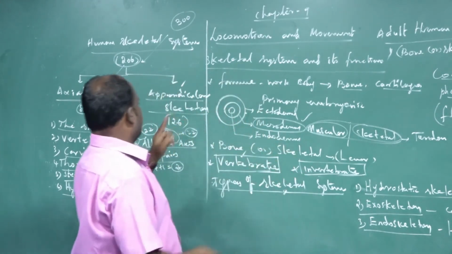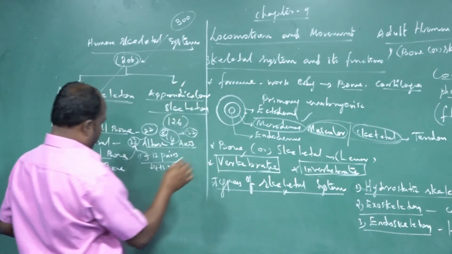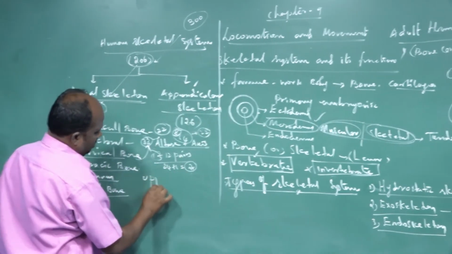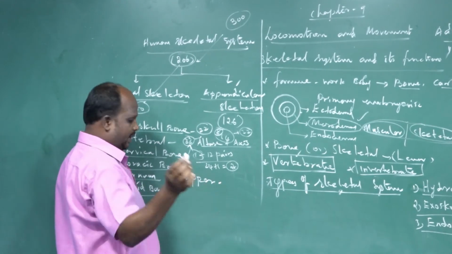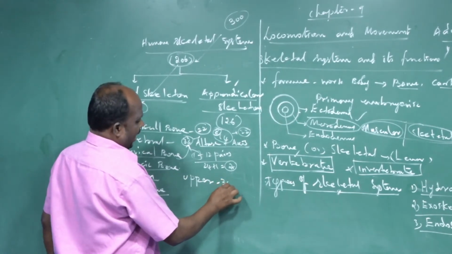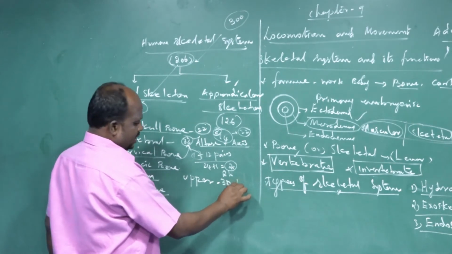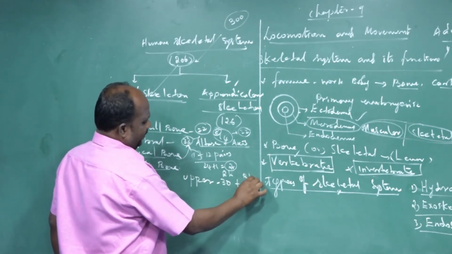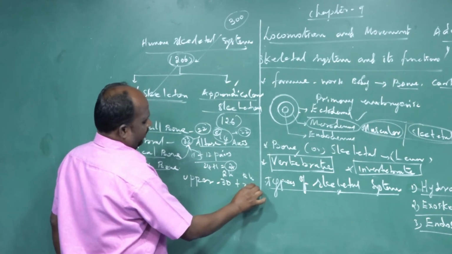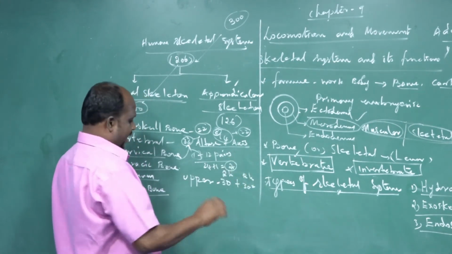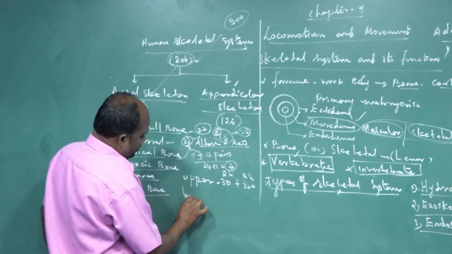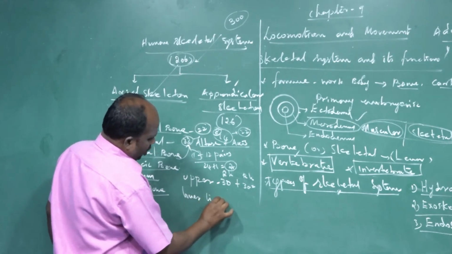Listen. So, 126 bones. The upper limbs consist of the right hand, which has 30 bones, and the left hand, which has 30 bones. Next is the lower limbs.